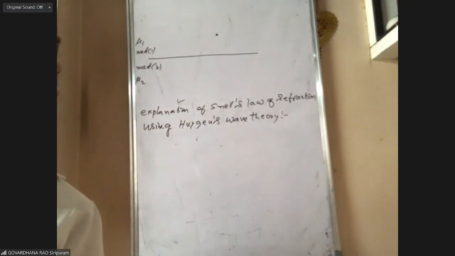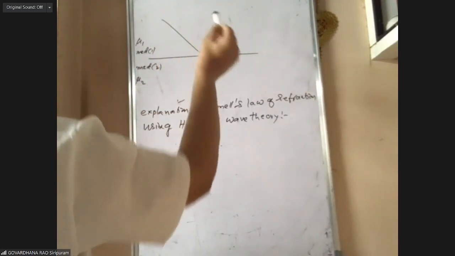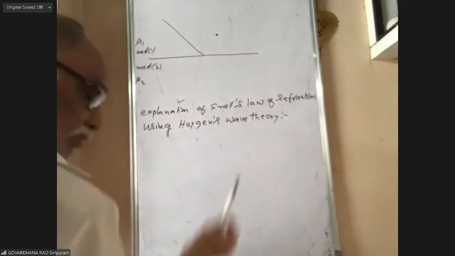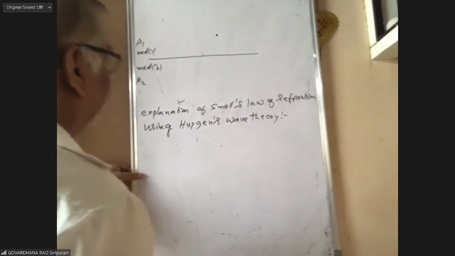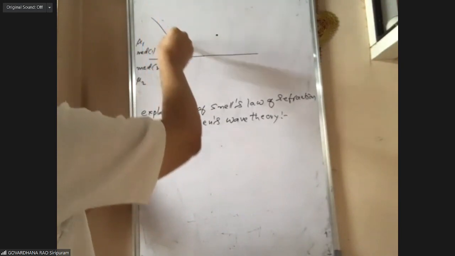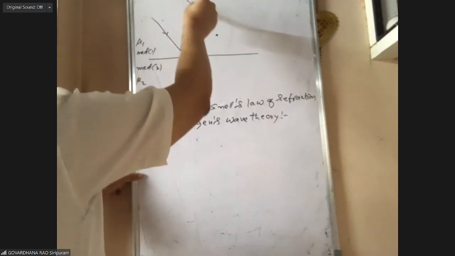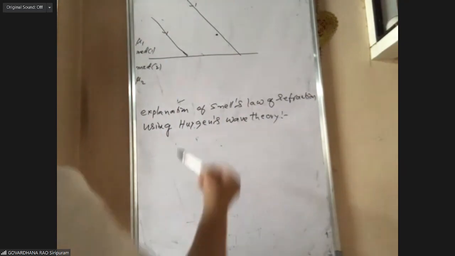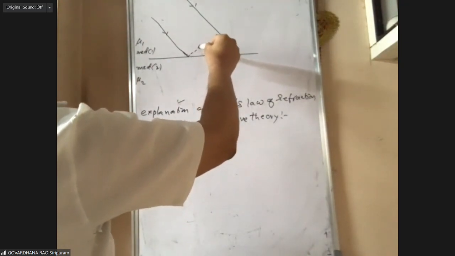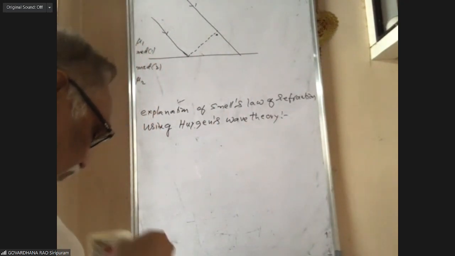This is mu2. Okay? Suppose a parallel beam. What is meant by parallel beam? Source is at infinity. Now this parallel beam is incident like this. Parallel beam means what is the nature of the wavefront? Planar wavefront.